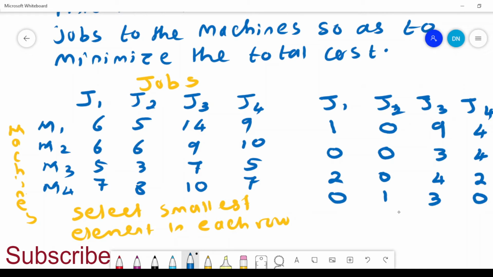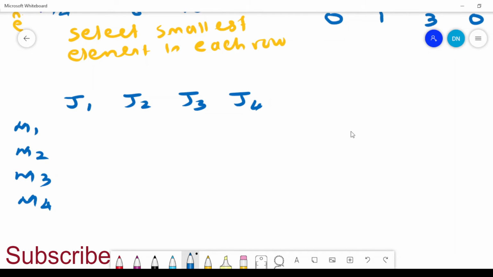So what do we do next? After doing that for the rows, we need to do the same for the columns. From the previous matrix, we take the smallest in each column and we subtract. The smallest for the first column is 0, so it will remain as it was: 1, 0, and 2, 0.